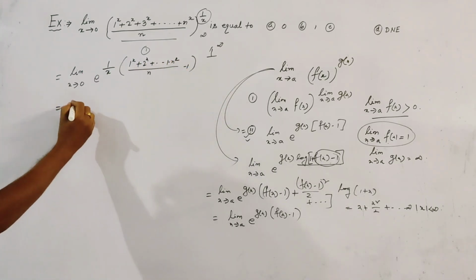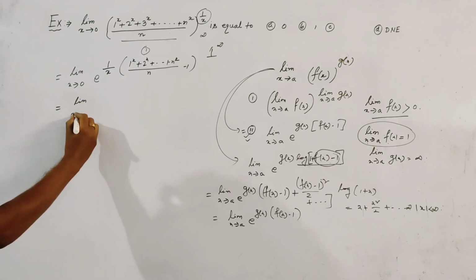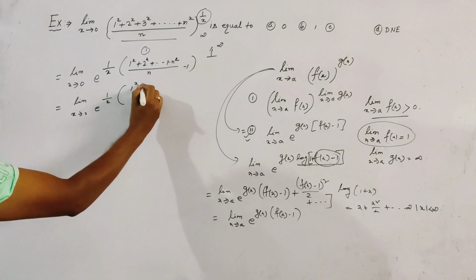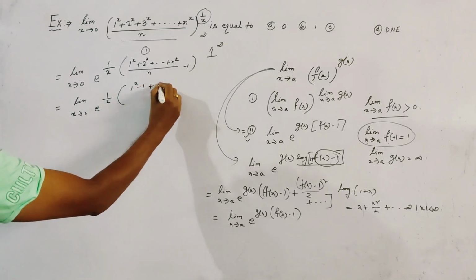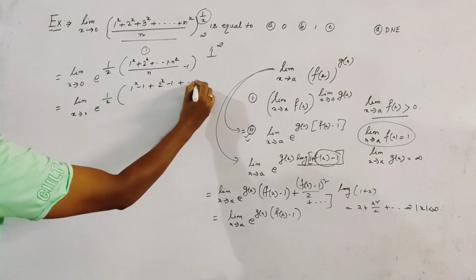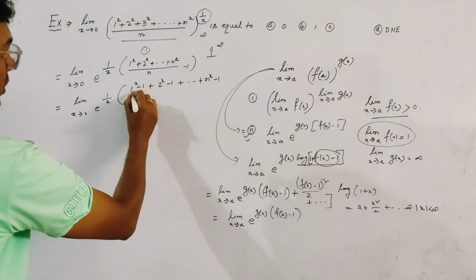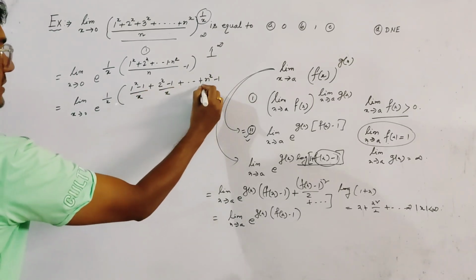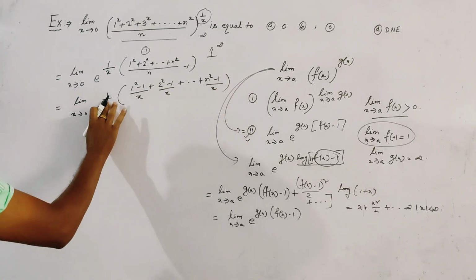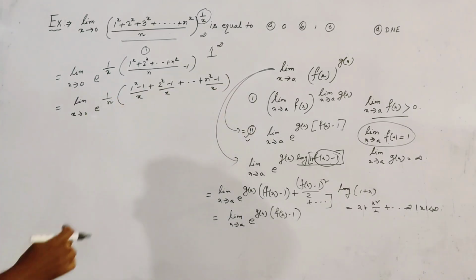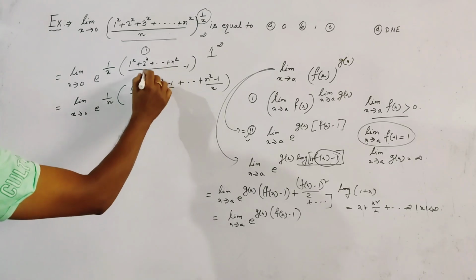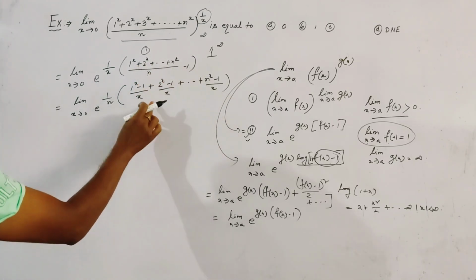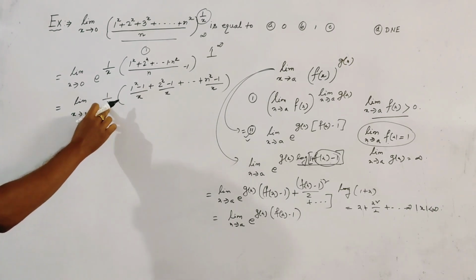This is given by limit x tends to 0 of e to the power (1 by x) times ((1^x minus 1) + (2^x minus 1) + and so on + (n^x minus 1)) by n.